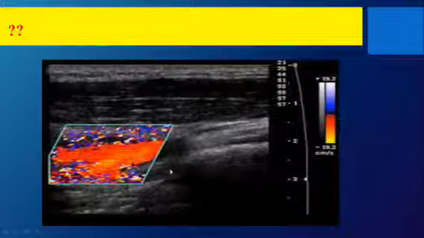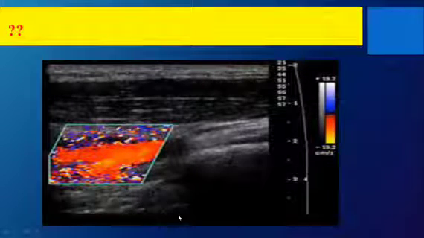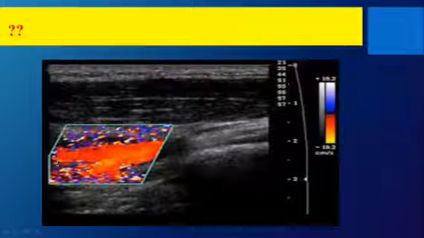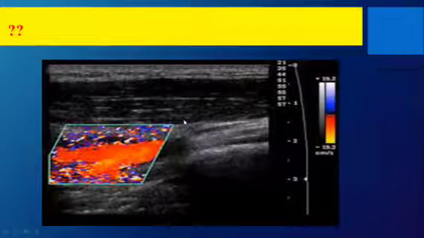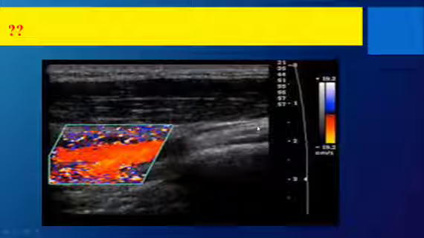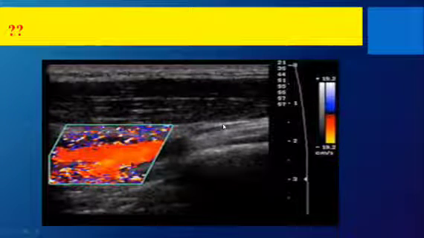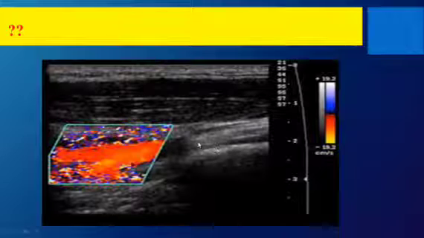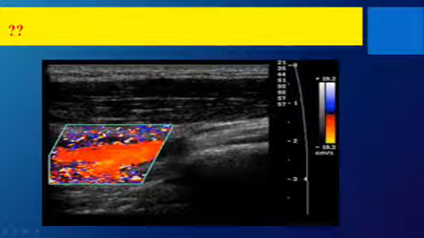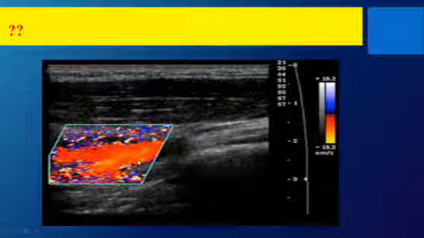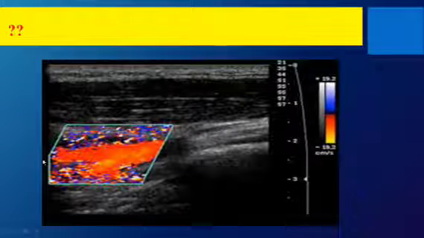Here, I'm going to ask you in these little situations how to deal. Now, if you see this, what to do? I give you a second to think. Absolutely correct, you're right. Here there is too much color. There is aliasing, but it's not confined to the vessel.